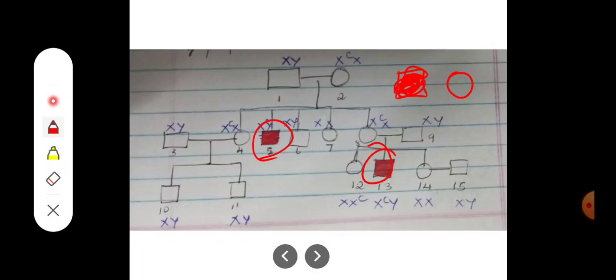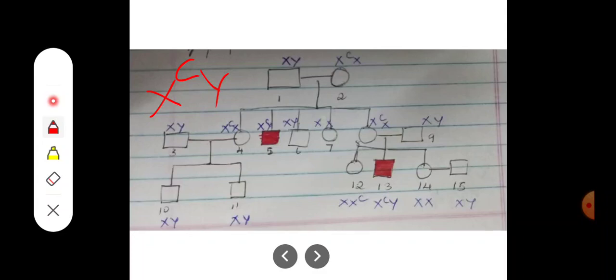Okay, so surely their genotype will be XcY, because they are diseased persons, so they will be X, c and Y, right? If one of the X has the disease-causing gene, the color blindness gene, then surely the male child will be diseased, because it is an X-linked disease.